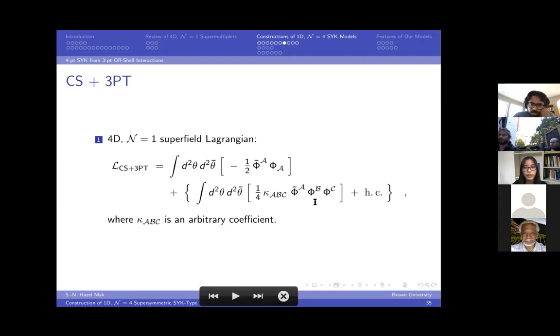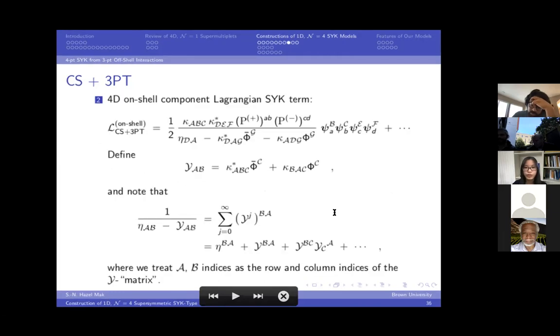And after that, we will have an off-shell component Lagrangian. And then for the off-shell Lagrangian, we can look at all the components that are auxiliary fields. I see. And you're integrating out the auxiliary fields. Yes, we integrate out, and in the process of integrating out the auxiliary fields, we generate some nonlinear terms like that.